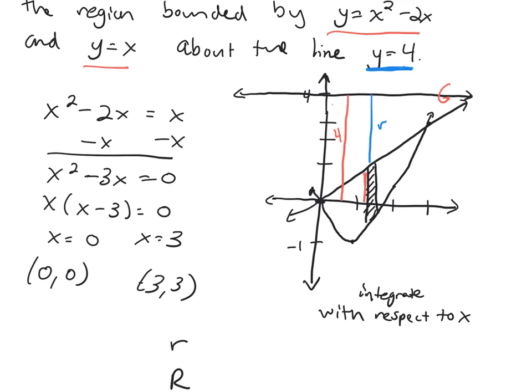What function is that? That's y equals x. And I want to integrate in terms of x. So this little distance right here, it's x. So how do I get little r, the blue line, from these? Minus them, right? Take 4, that's too much. So now I've got to subtract this little red piece, which is x. So it looks like little r is going to be 4 minus x.